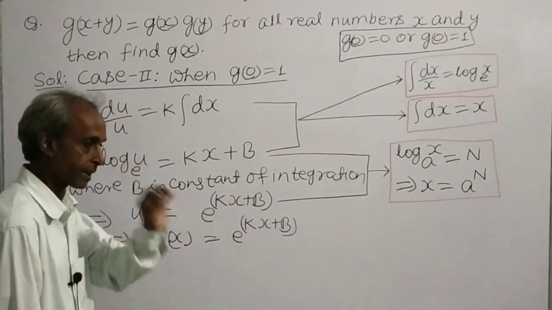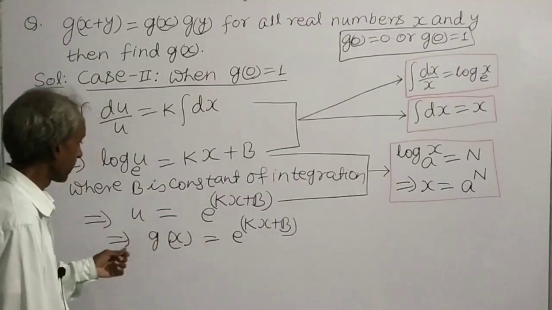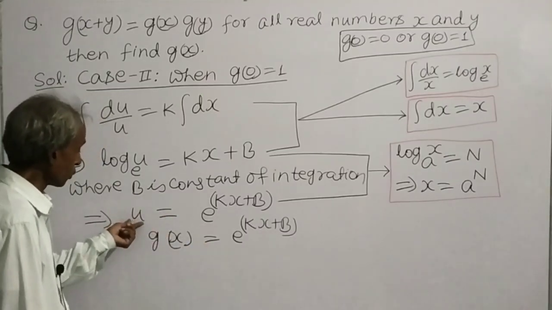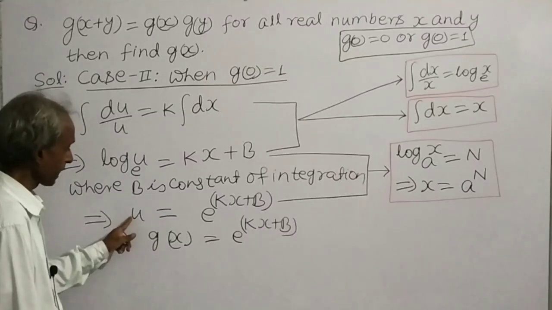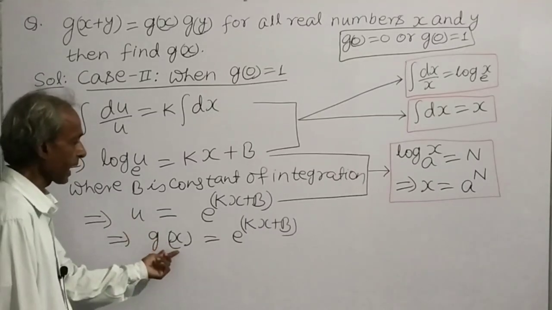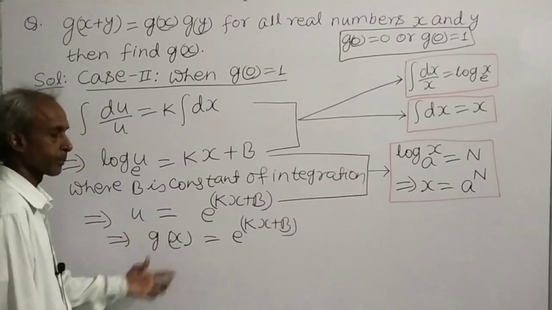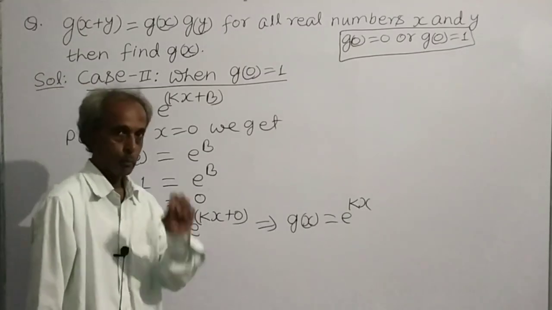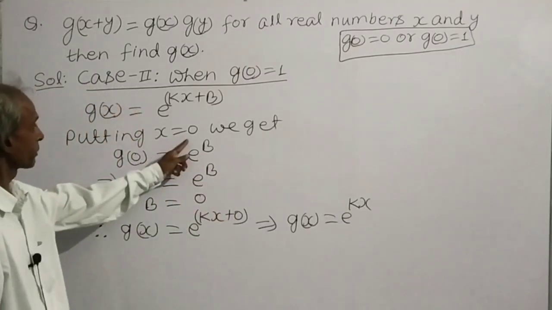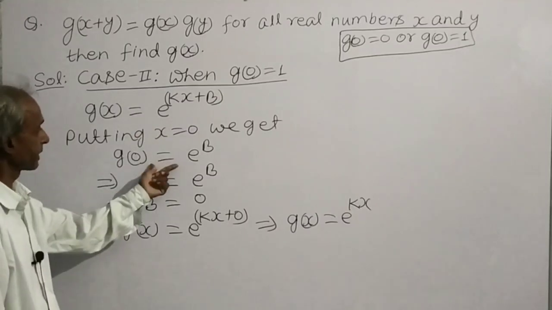But we had supposed that u is equal to g(x). Therefore, in place of u, we write g(x). Putting x is equal to 0, we get this.